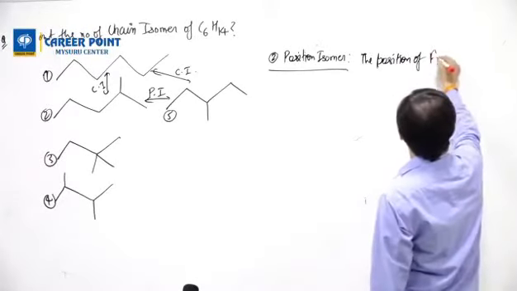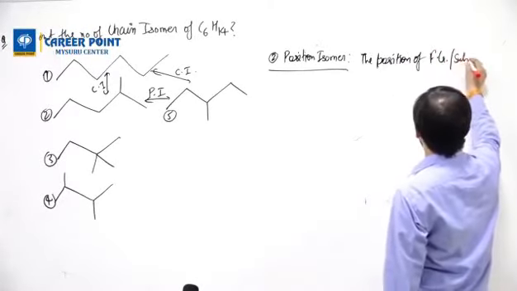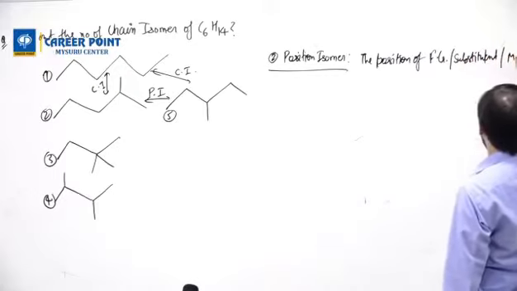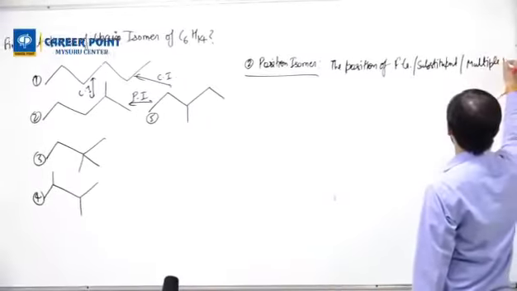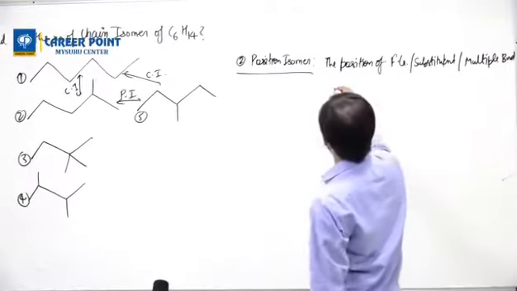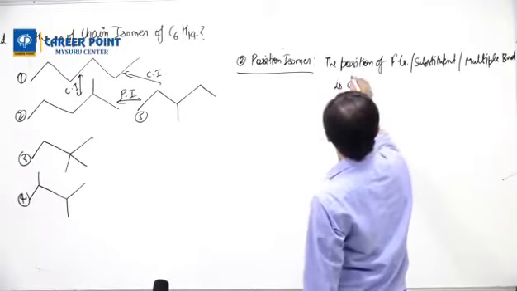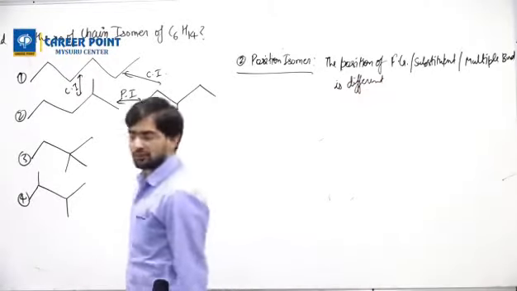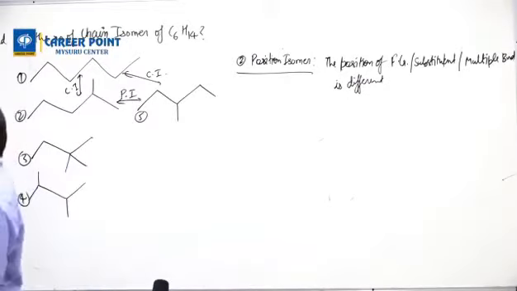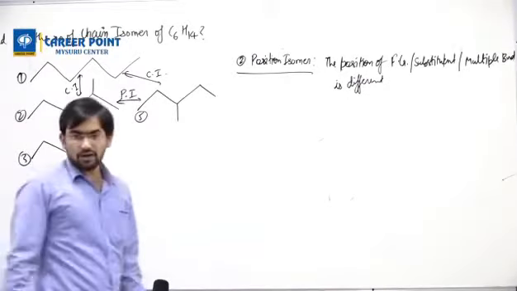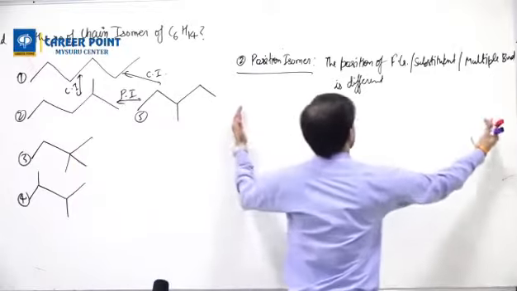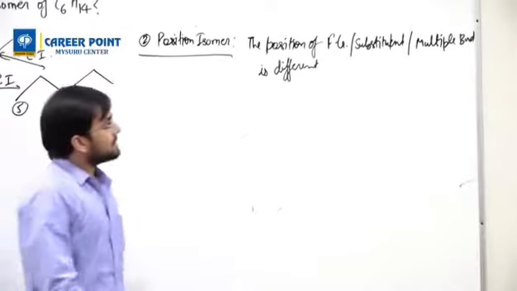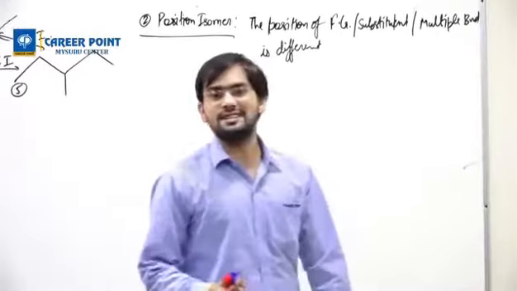The position of the functional group, substituent, or multiple bond is different. It means the position of functional groups. The position of the functional group or multiple bond or substituent is different.